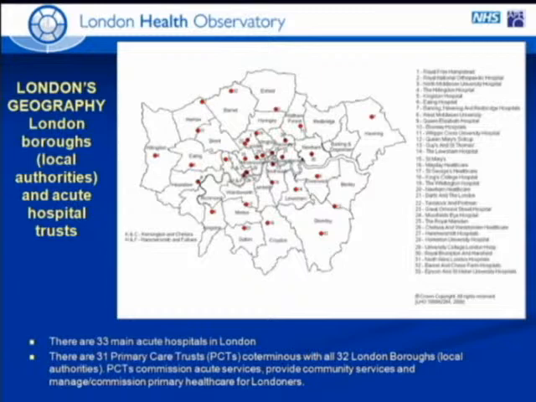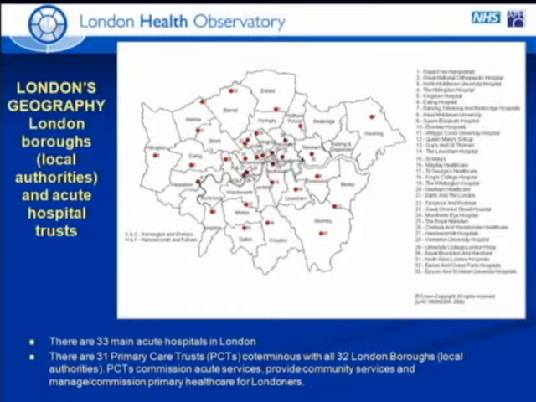There are 31 primary care trusts, and the role of the primary care trust is to commission acute services from the hospitals, to provide community services, and to manage primary health care. That's their main role, and there are 31 of them in London at the moment, although they're due to be abolished very soon. The new government has decided to abolish them.